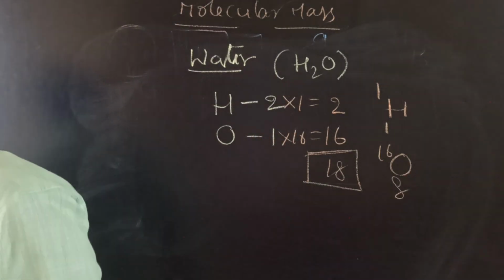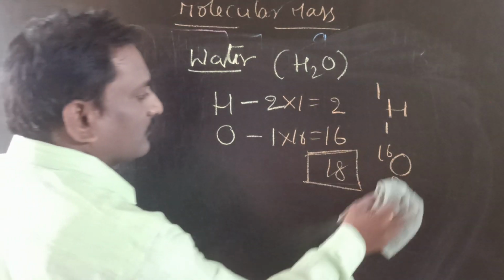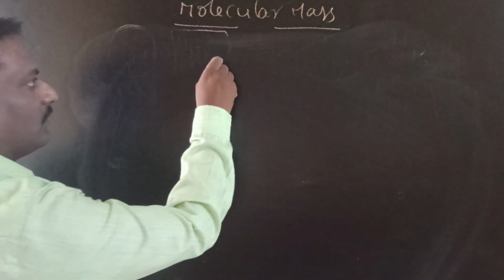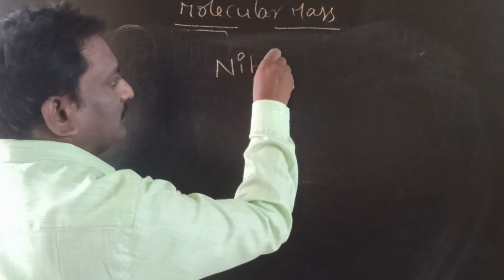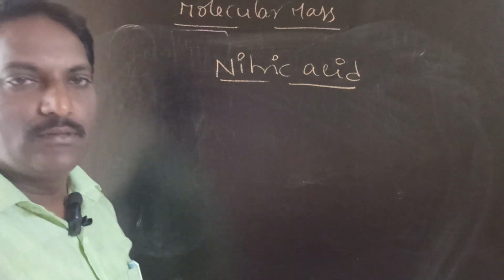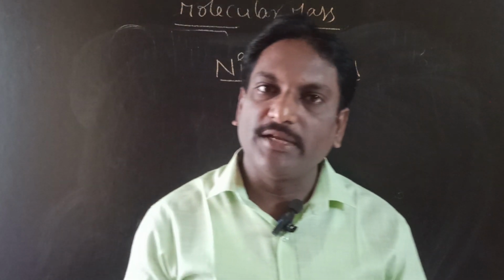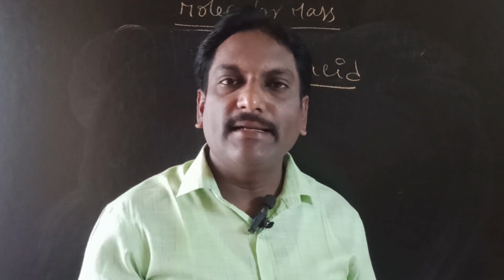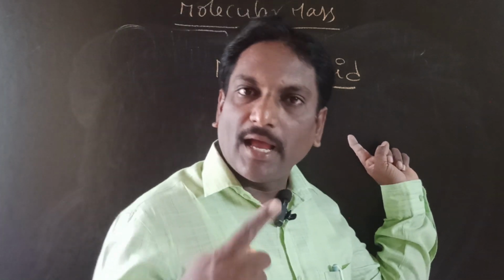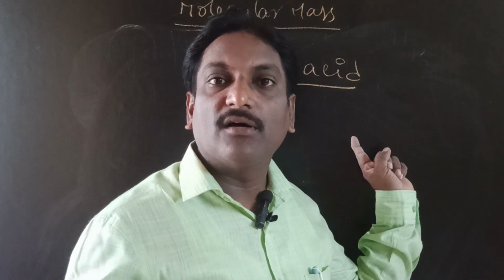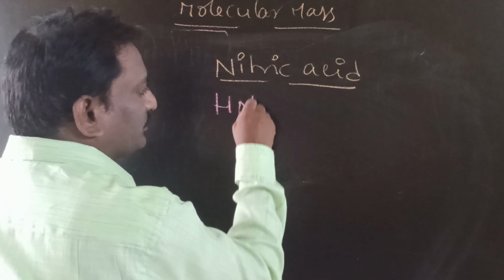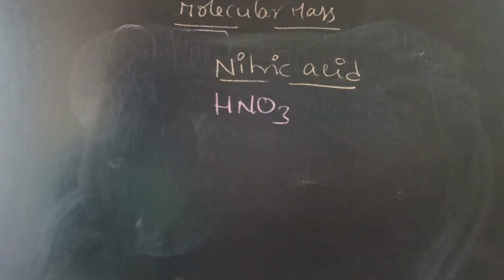Next example: nitric acid. Nitric acid is also called aqua fortis, strong water, and is considered the queen of chemicals. Remember this. The chemical formula of nitric acid is HNO3.